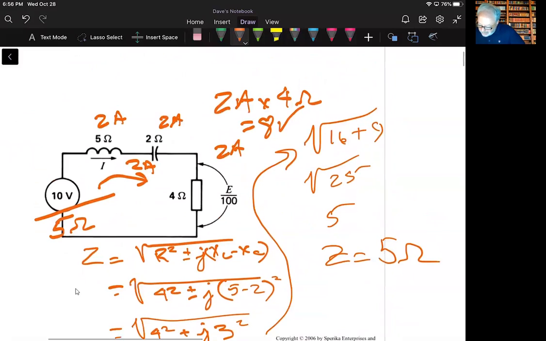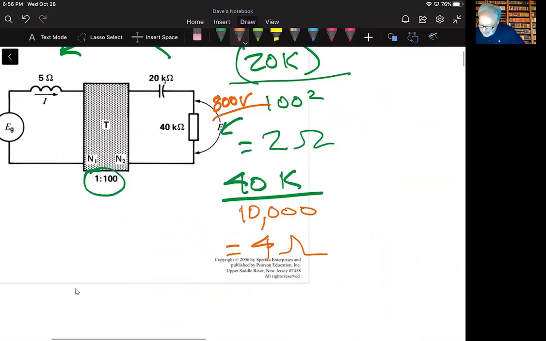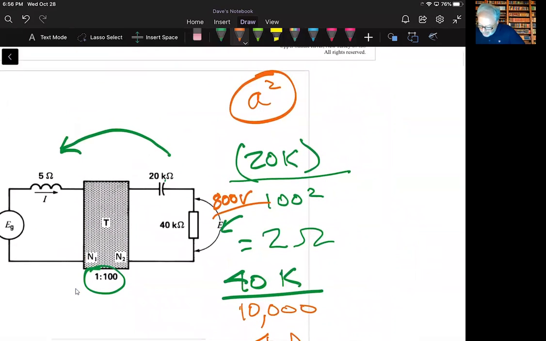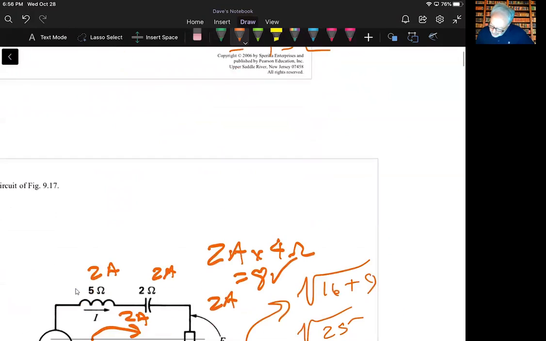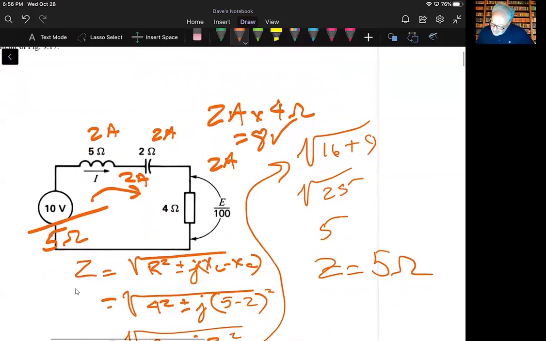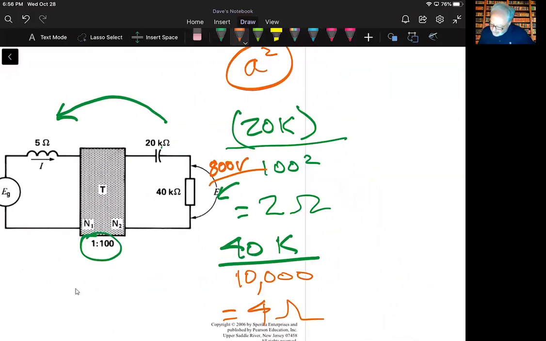When I move it back to the original problem, this is what I would get. And if he had asked me for the voltage across the 20,000, that would be 2 amps times 2 ohms, 4 times 100, which would be 400 volts here.